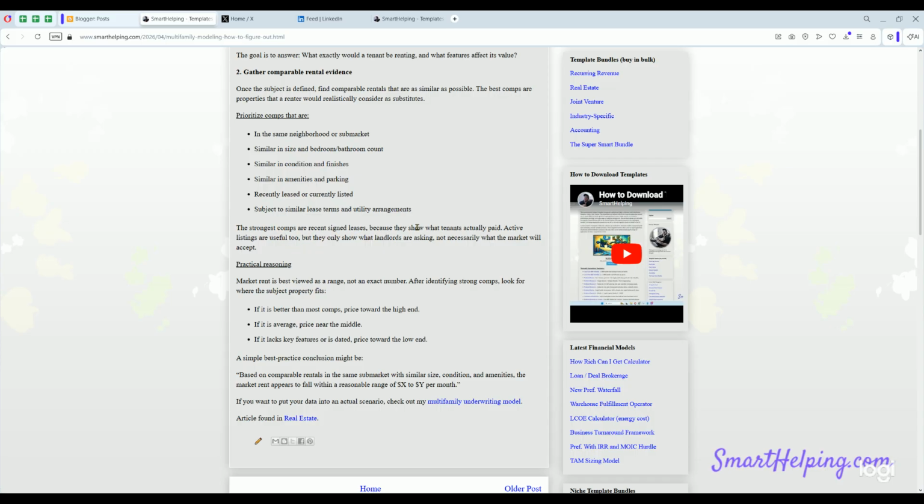So you want to get an actual number, find the closest thing possible, figure out recent signed leases and what they are for those types of units, and then you can start going up or down a little bit based on exactly what your property has or does not have compared to other properties. And eventually, by doing this very exhaustive process, you will find a good market rent.